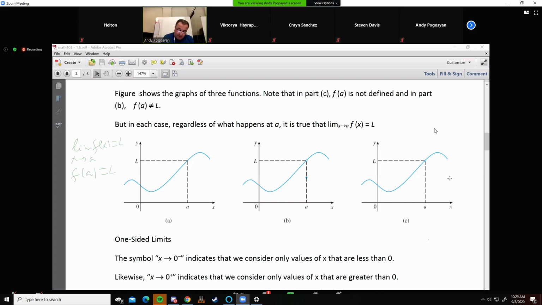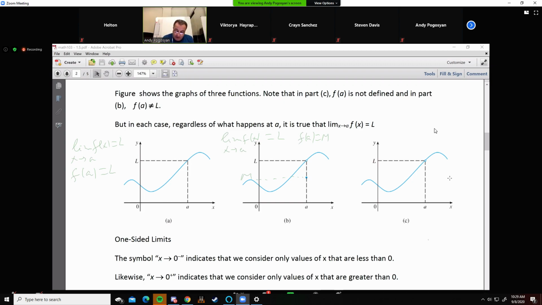Second: the limit of f of x as x approaches a is L. The function value at a is some number m, not equal to L, but the limit exists.